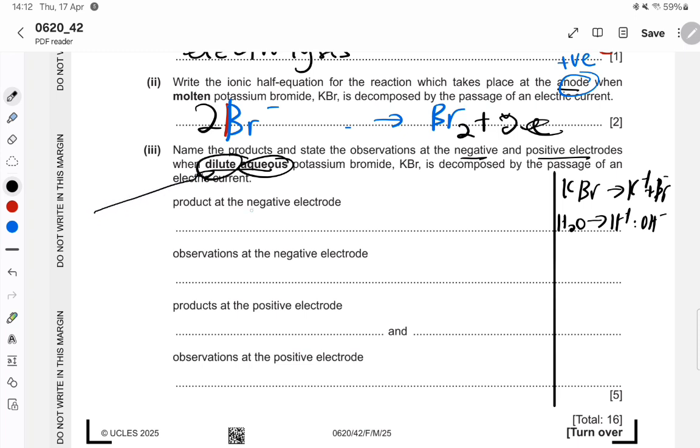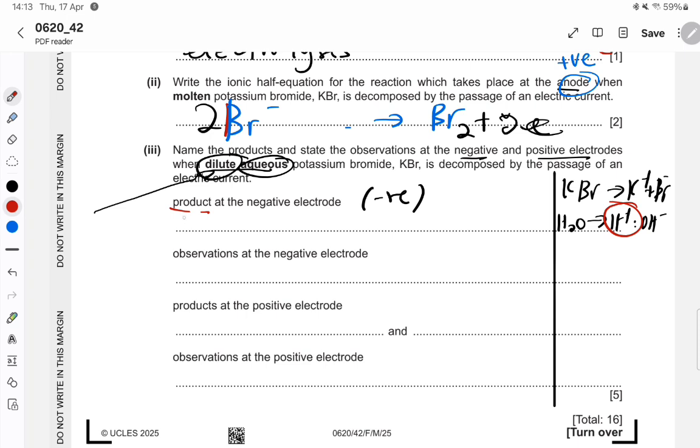Product at the negative electrode. So positive ions would head towards it, but what would be discharged? H plus. Why? Because it is lower in the electrochemical series.